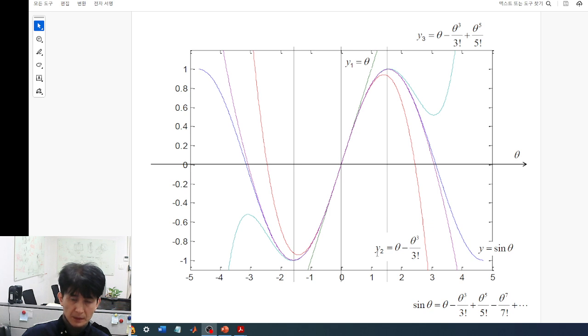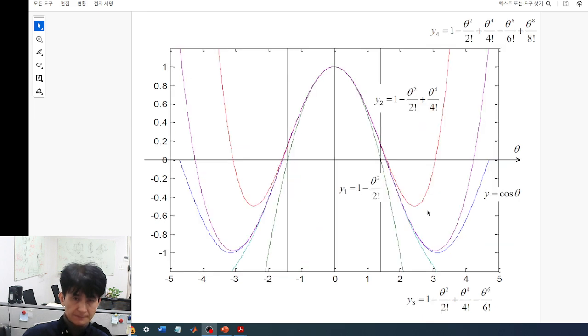So y2 is the red curve, which is like this. As the number of Taylor expansion components increases, it becomes closer and closer to the real y equals sine theta function. Right. And this is the cosine function.